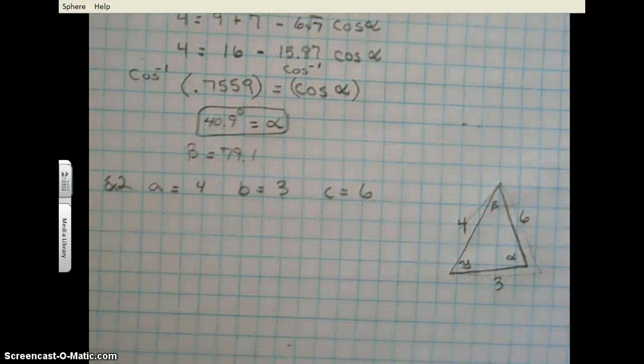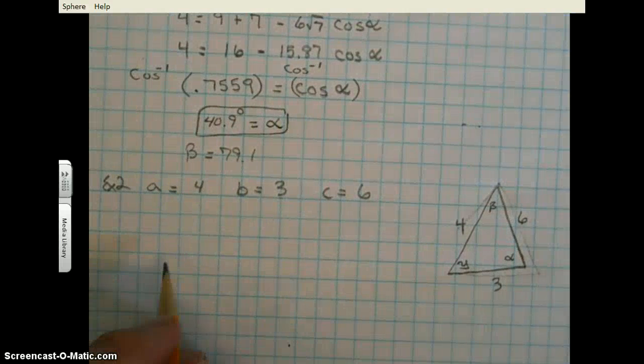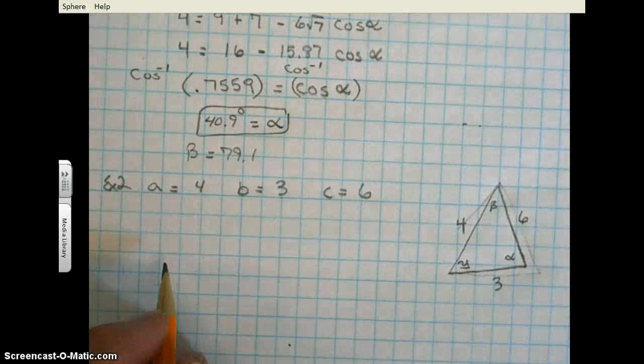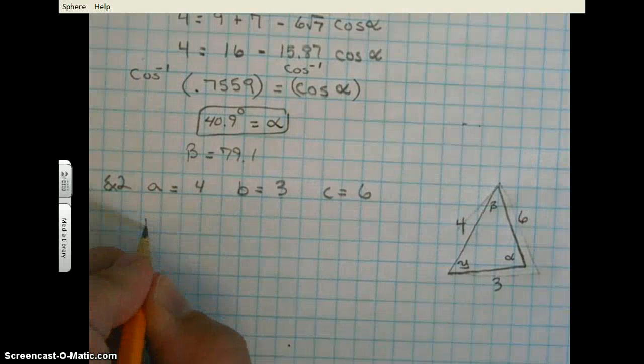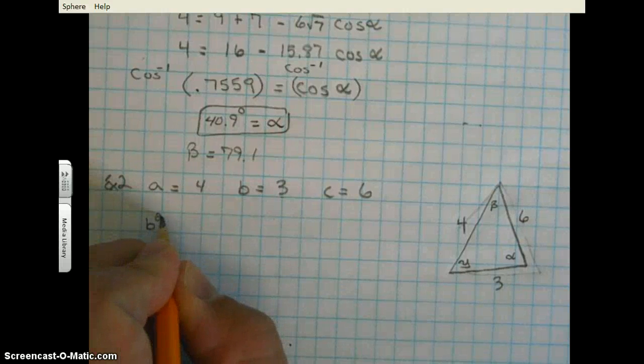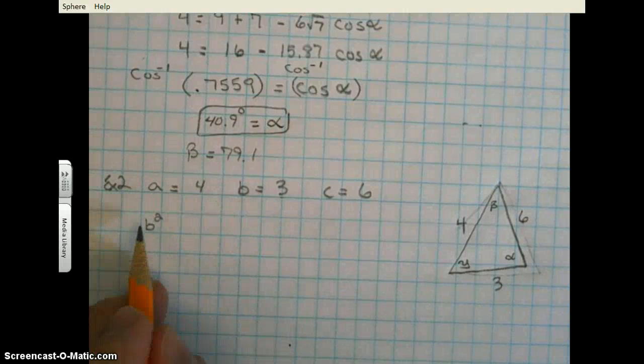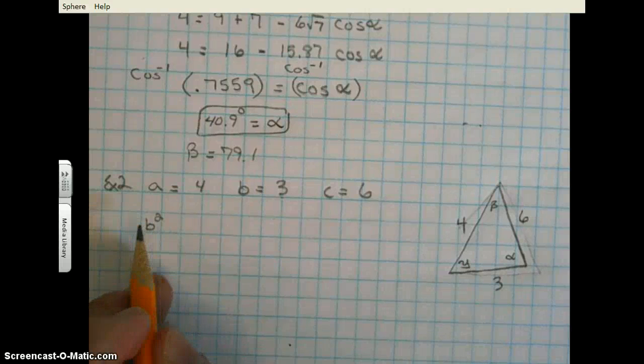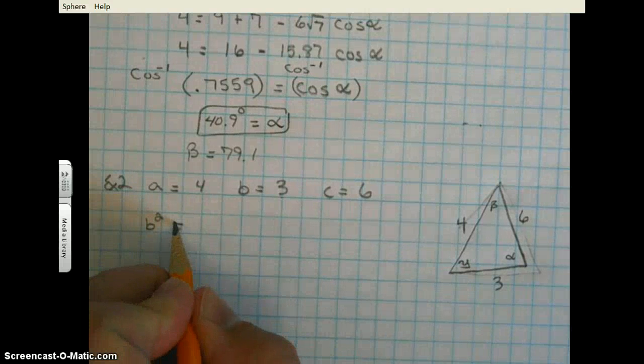So let's say we want to do beta. So beta would be the second formula, and it goes like this, b squared. Interesting that the angle beta and the first letter is b. Interesting correlation.